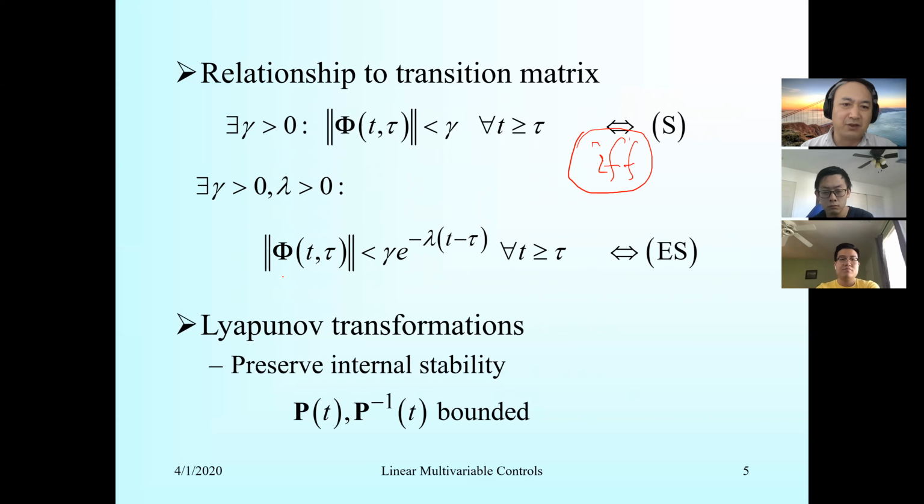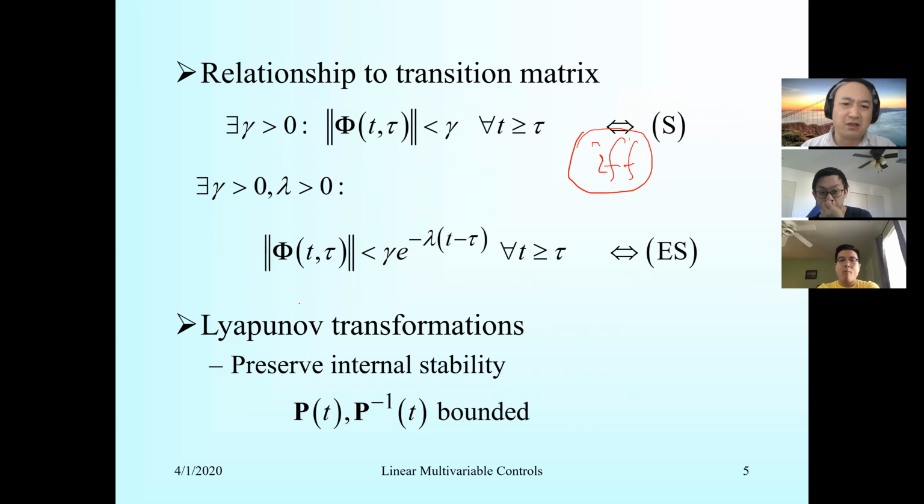If you can bound your state transition matrix like this, then it's exponential stability. So this is kind of a definition about stability.